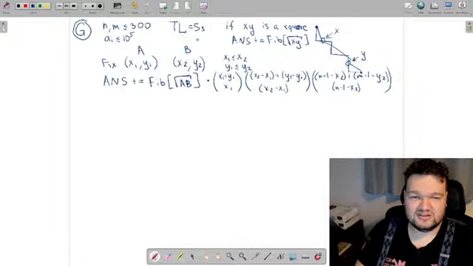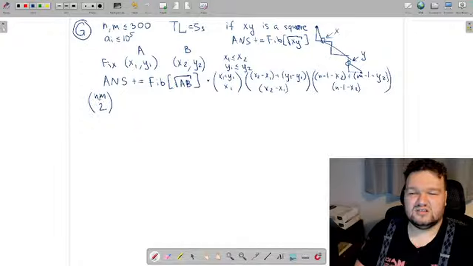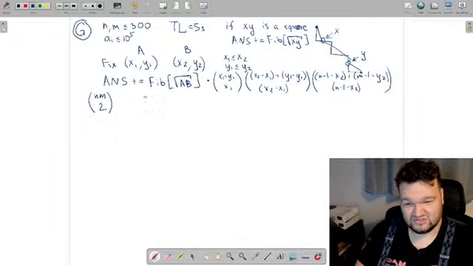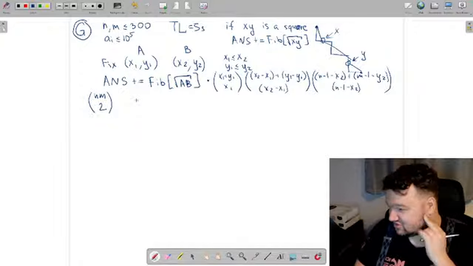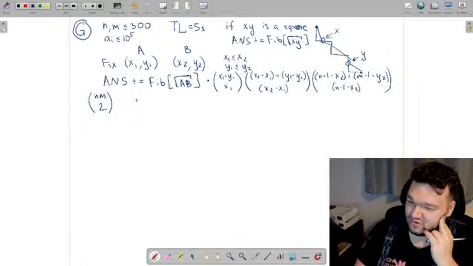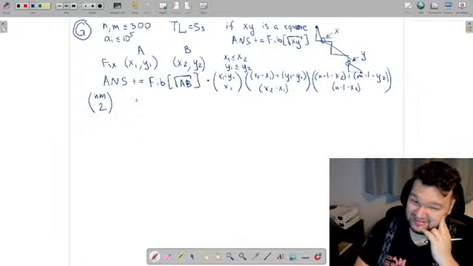That would be like n choose 2 pairs, but actually it is even smaller because we have this condition, so it's actually n plus 1 choose 2 multiplied by n plus 1 choose 2. So it's like 300 to the power of 4 divided by 4, which is not that much actually.